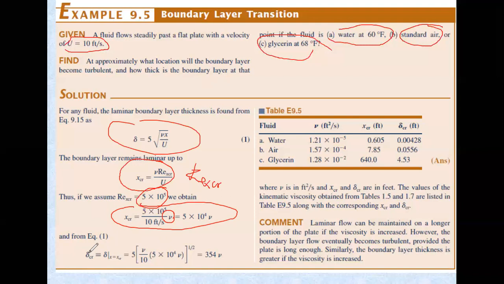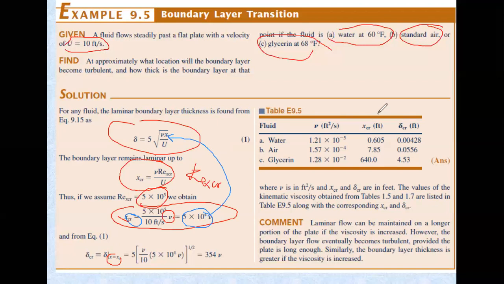The corresponding delta, or boundary layer thickness, is delta at x equal to x critical. So we just need to substitute the x critical value, which is 5 times 10 to the power of 5, into this x over here.